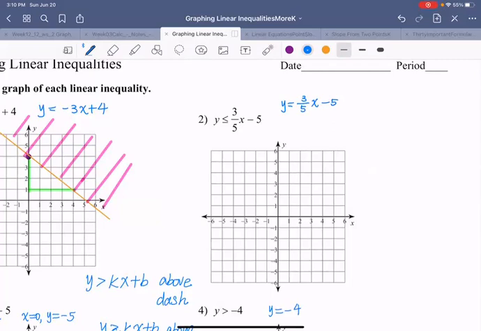And then the intercept is -5. Yeah, 0, -5. Over here, okay? The rise over the run is how much? The rise is 3. Okay. Run by? And the run is 5. Okay. What do we do next? And you connect it.